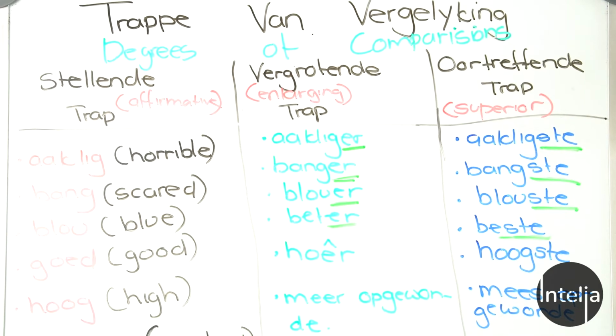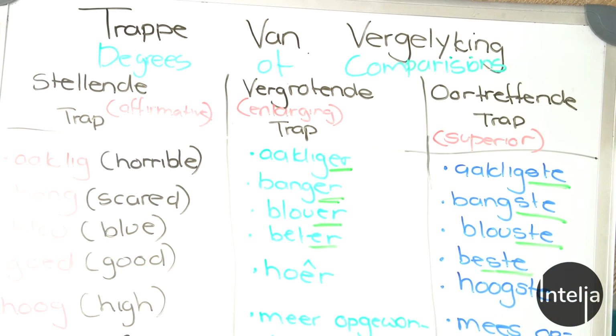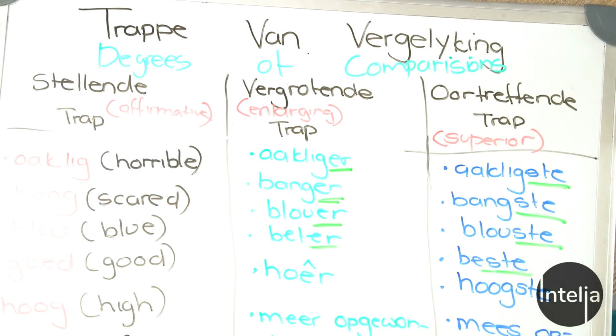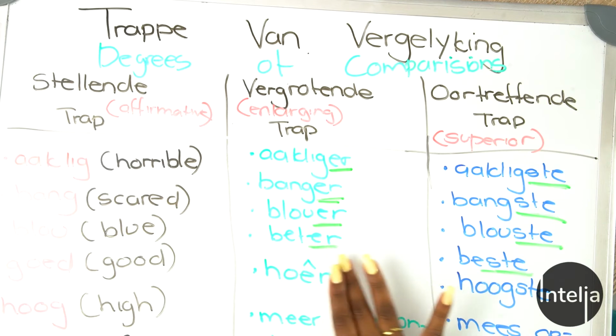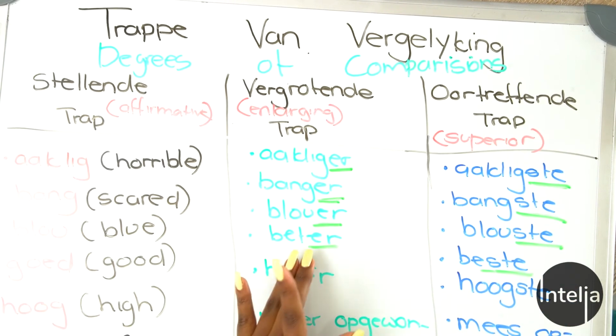Okay, I'm sorry about that. As I was saying, do you see how even though it's different words, they still have the rules of the degree of comparison with them? Beter, ER, beste, STE. Goed, beter, beste.